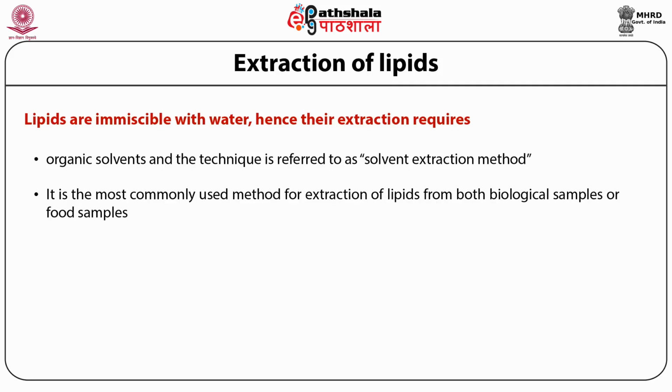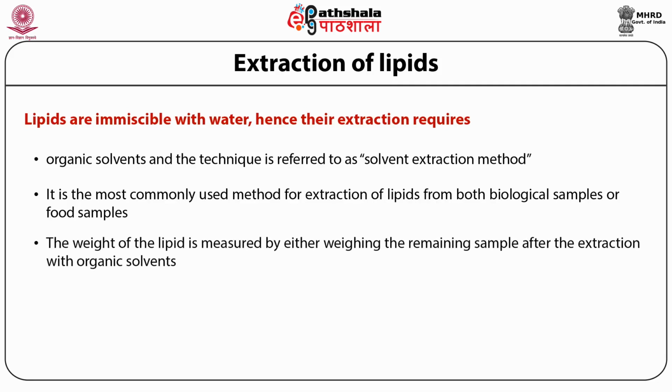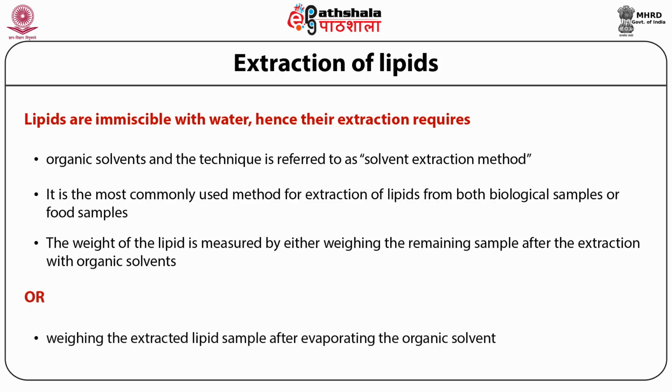Once the lipid is extracted from a cell or a tissue of an organism or from food samples, the weight of the lipid is measured by either weighing the remaining sample after the extraction with organic solvents or weighing the extracted lipid sample after evaporating the organic solvent.